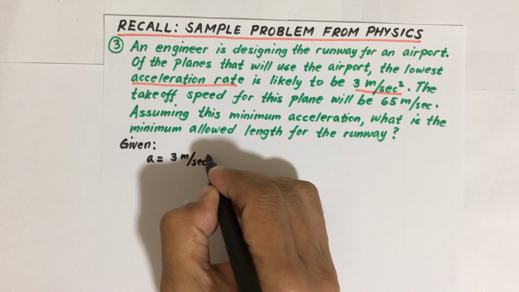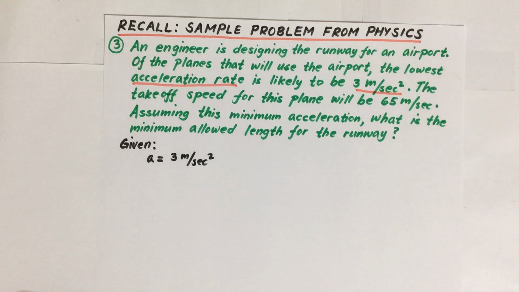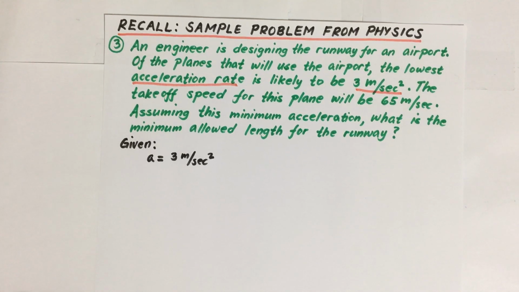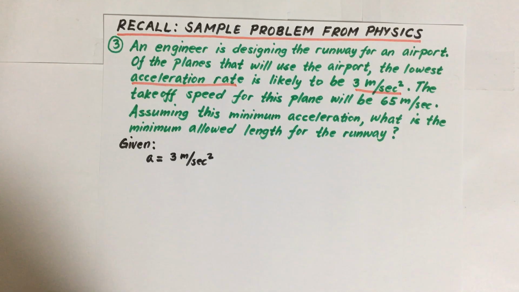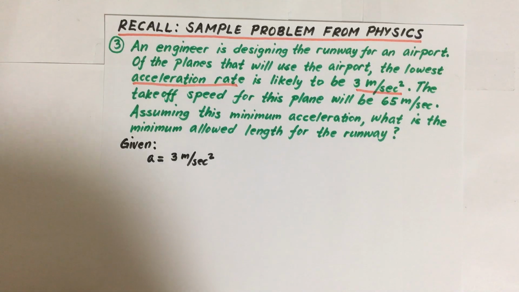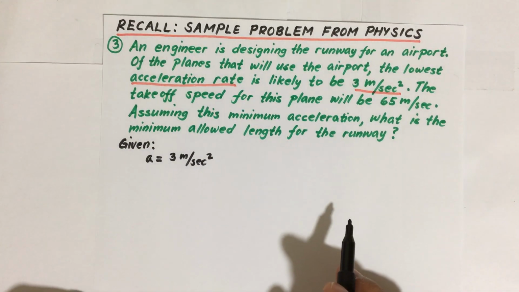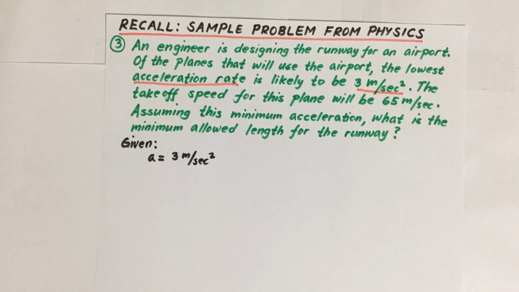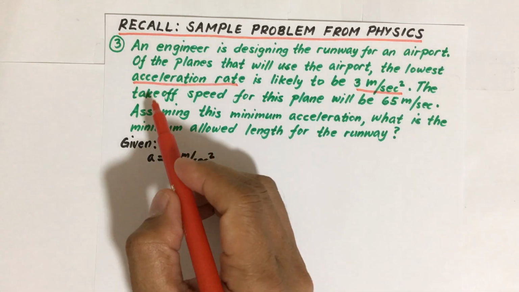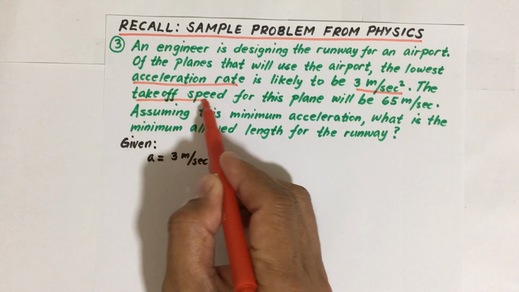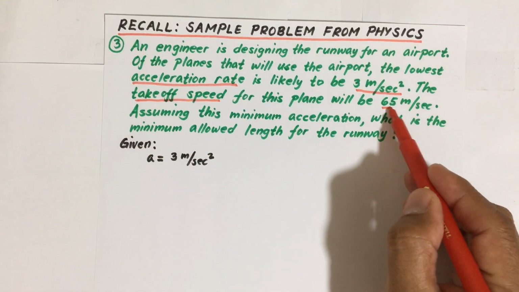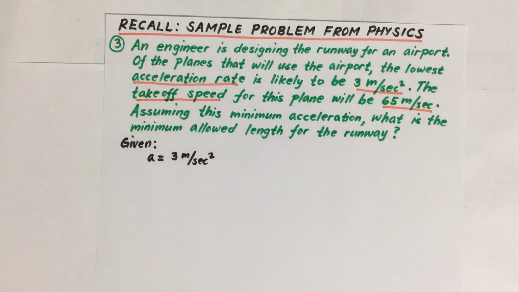So this is the lowest acceptable acceleration rate. Next, what's the other given? The takeoff speed. So we're given the takeoff speed, and this is equal to 65 meter per second.